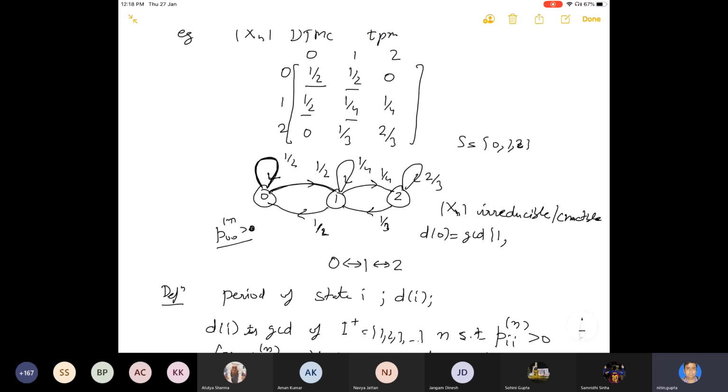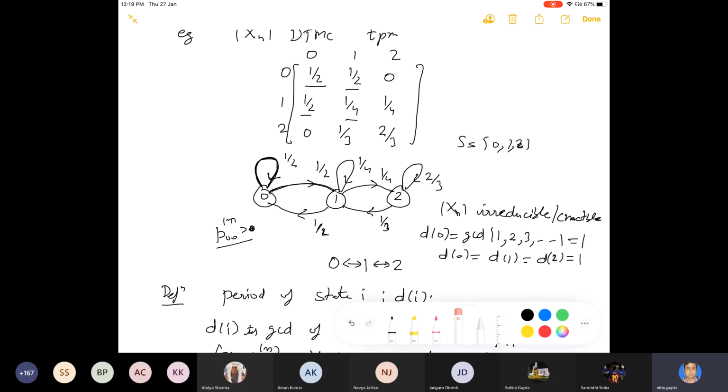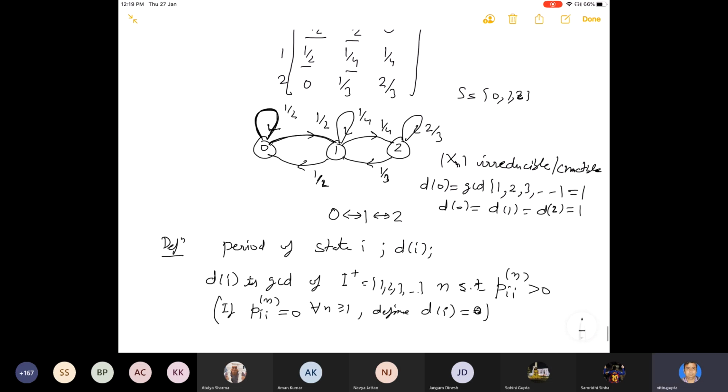So the probability is there, half into half plus half into half. So that is also possible. GCD of 2, then 3 it is possible, and so on. So the greatest common divisor is 1 here. Similarly, for state 1 it also comes out to be 1, and state 2 also comes out to be 1. So the period of states 0, 1 and 2 here is 1.